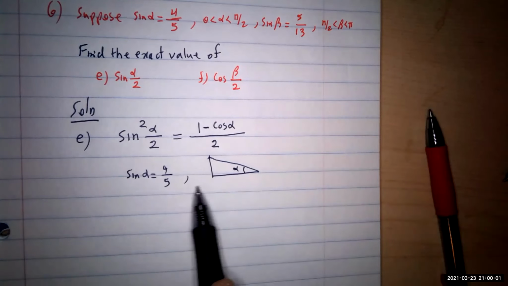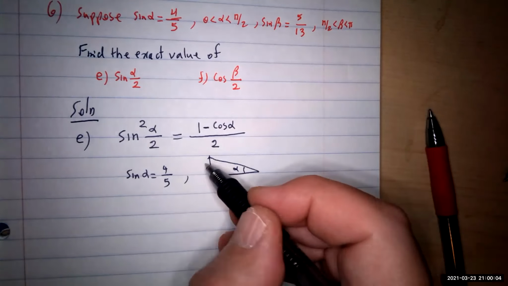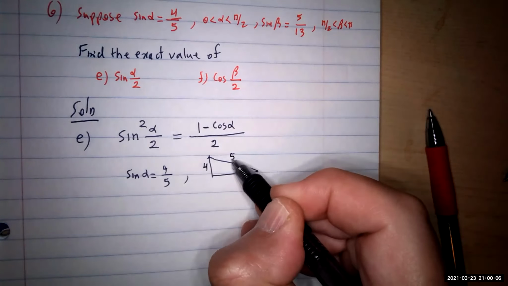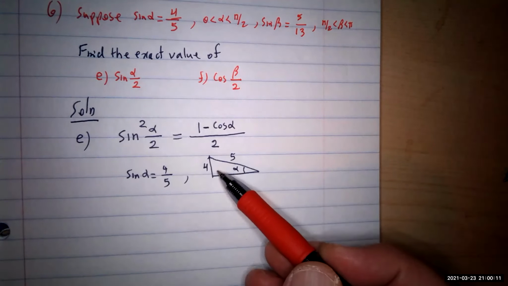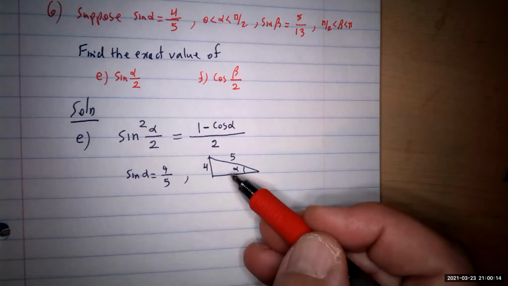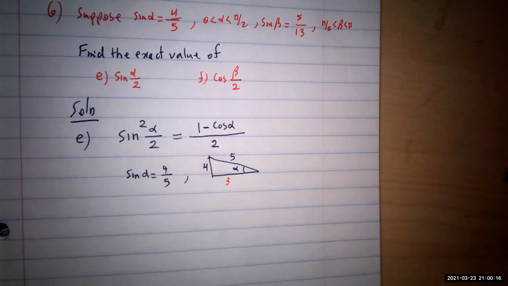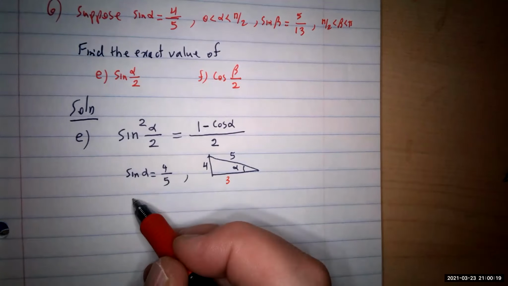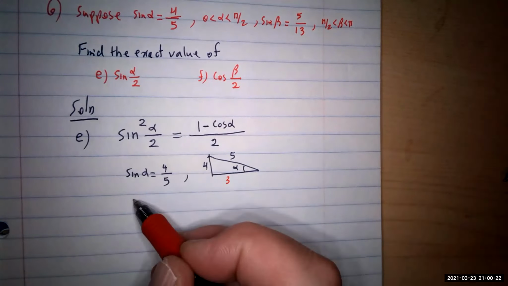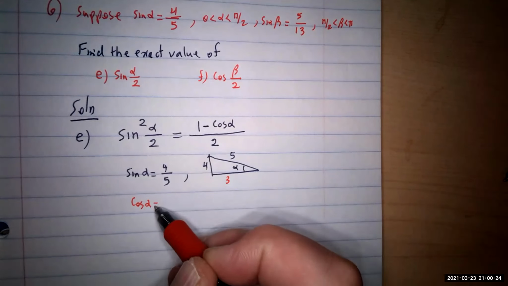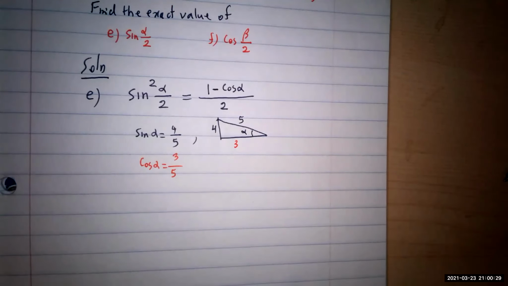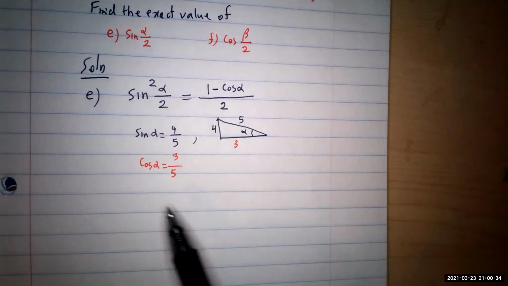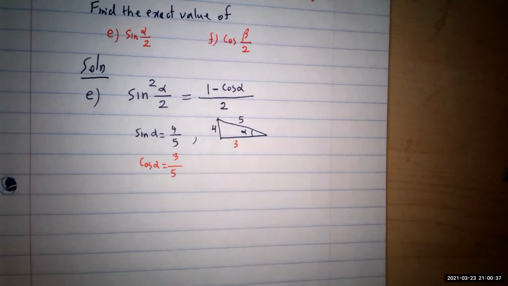So we have the sine, the opposite over the hypotenuse. So the missing side is 25 minus 16, which is 9, so this would be 3. Any question? So the cosine of alpha, it's in the first quadrant, so that gives you 3/5. Okay, cosine of alpha would be 3/5.